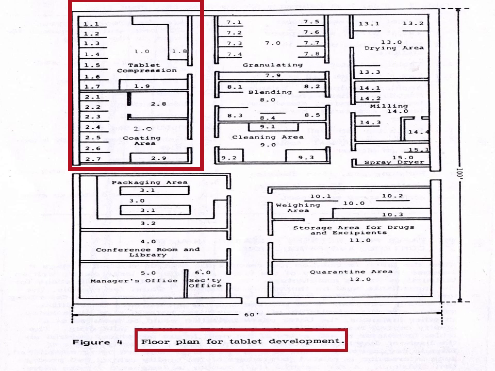You can see the pilot plant, right? Can you see the tablet compression, then the coating area, granulating area, blending area, drying area, milling area, and then packaging, conference room, manager office, quarantine, right?